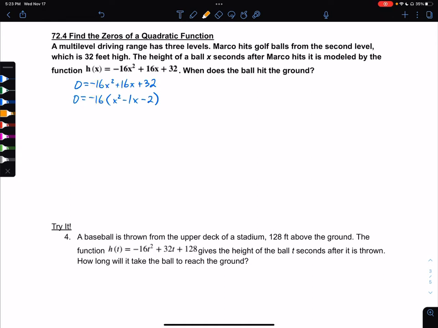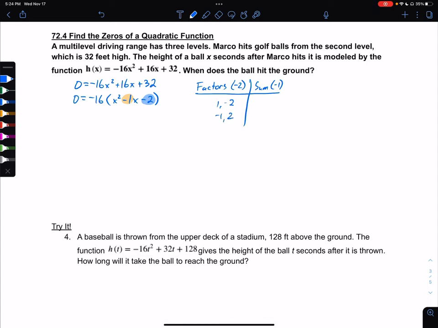All right, now from here, I can look at this piece here, and I can factor that. So I want to look for factors of negative 2 that have a sum of negative 1. All right, this one's pretty easy. Factors of negative 2 are 1 and negative 2, negative 1 and positive 2.